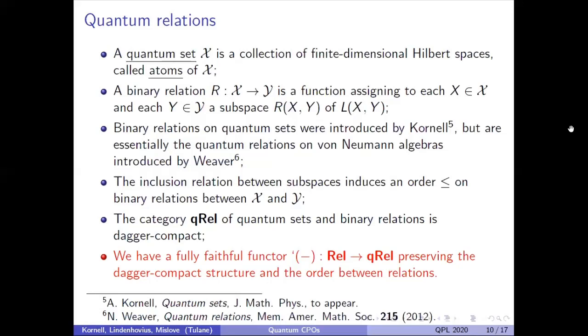And this functor preserves the dagger compact structure and the order between relations. And this is very important because many structures in mathematics can be described in terms of the dagger compact structure and order between relations. And this gives us a way to generalize ordinary mathematical structures to the quantum world.